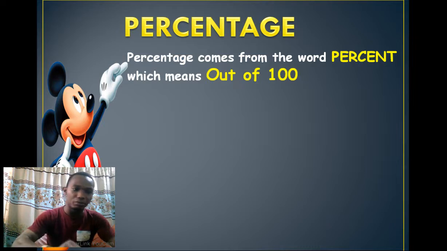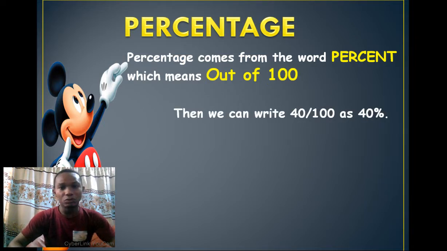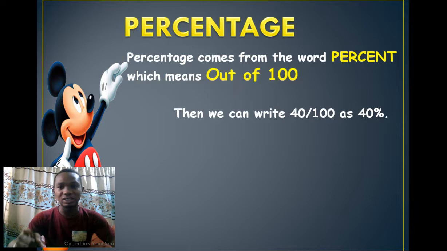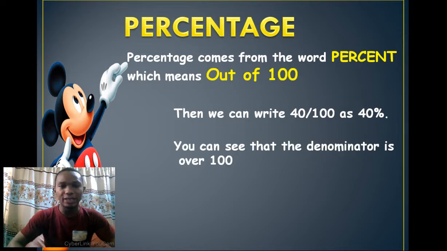That means a number out of 100. And we can actually write 40%. That means 40 over 100 as percentage. Then 40 over 100 is written as 40%. You can see the sign for percent, right? Then you can see that the denominator of the fraction there is 100. 40 over 100.